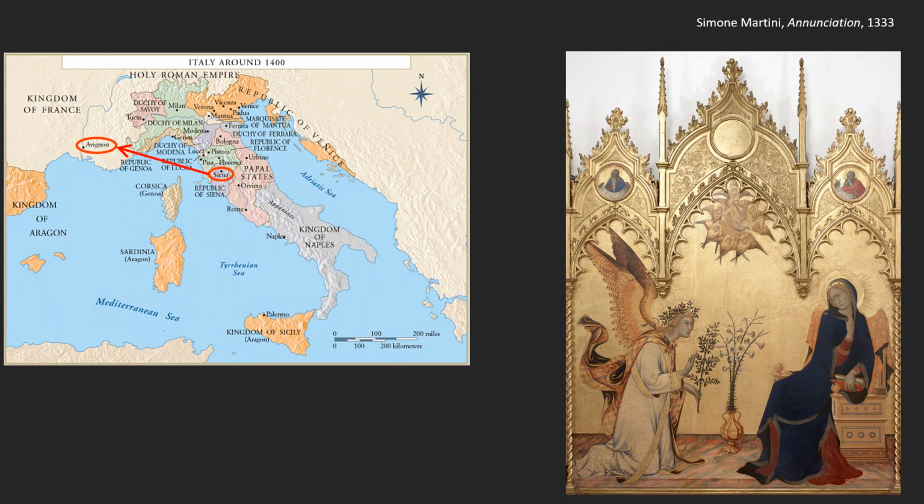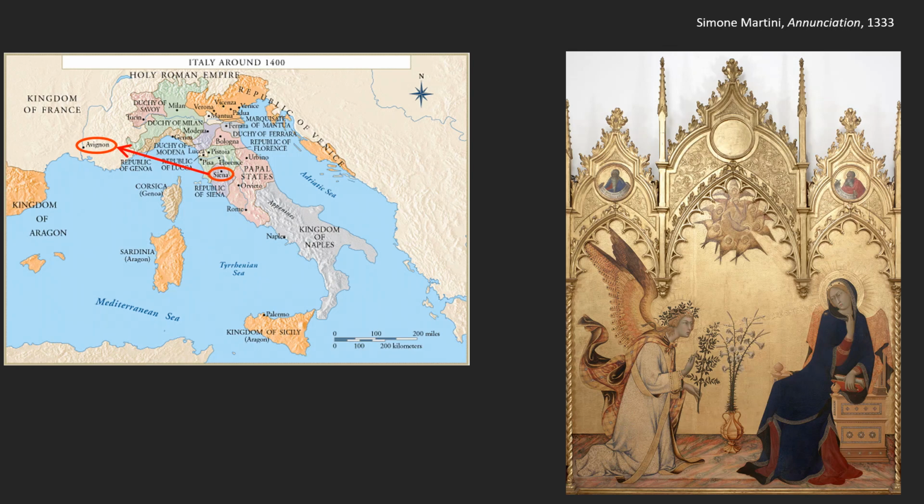And all of a sudden we start to see works around the French king look like Simone Martini and Duccio and Giotto. And because the King of France is related by marriage to just about every other king in Europe, it spreads from him.